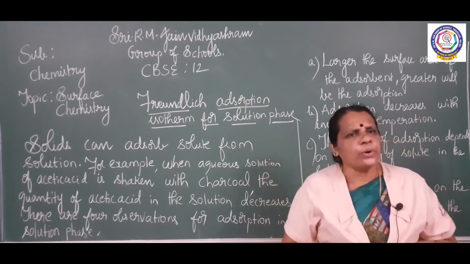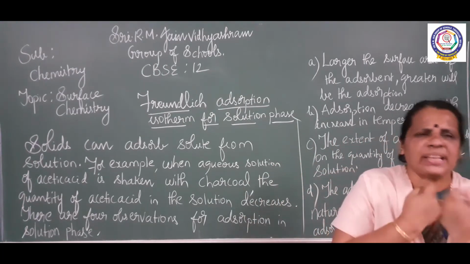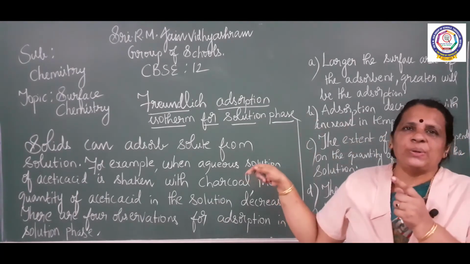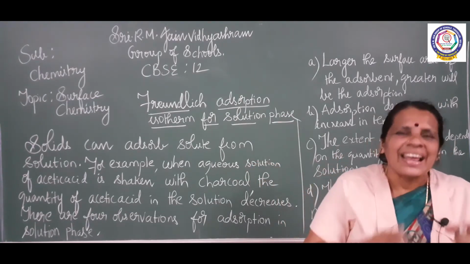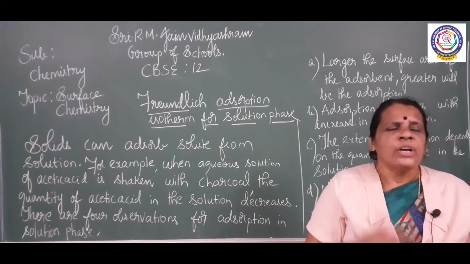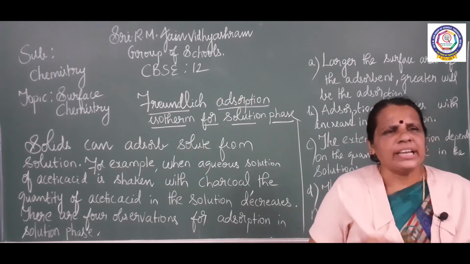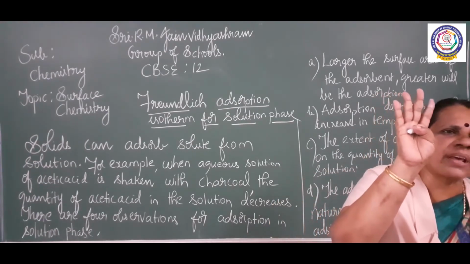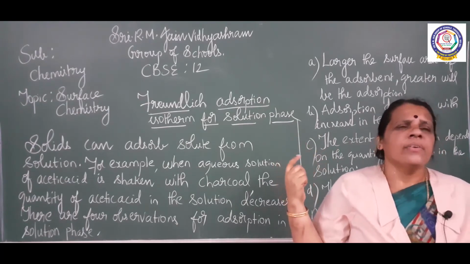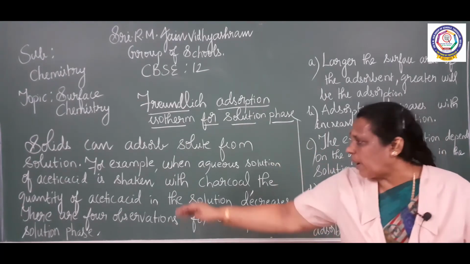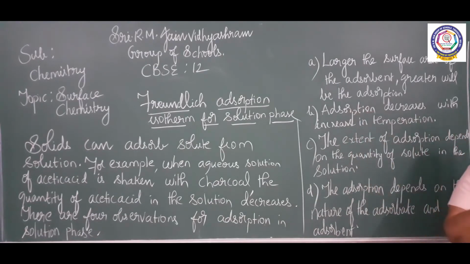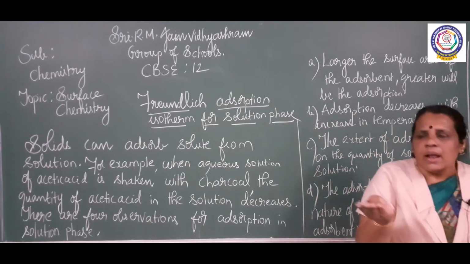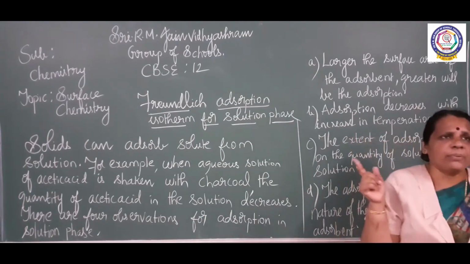The quantity of acetic acid, which is the solute in the solution, decreases because adsorption is taking place. There are four observations for adsorption in solution phase. The first is surface area: larger the surface area, greater will be the adsorption. When the adsorbent surface is greater, adsorption is also greater.